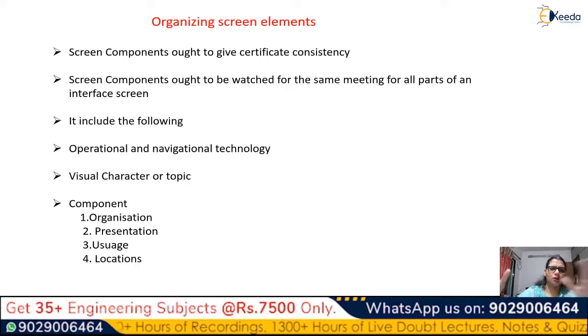Suppose right now I talk about my slide. My slide shows organizing screen elements. The title is in red color. That is my heading. Later you cannot see any components or elements that I have arranged that are confusing. What matters is just my contents.